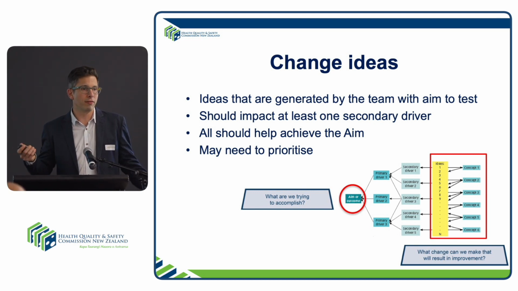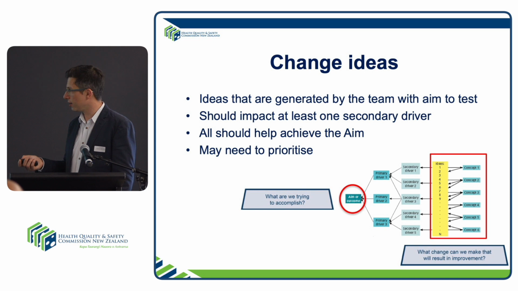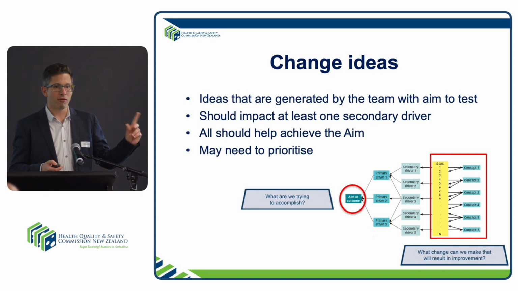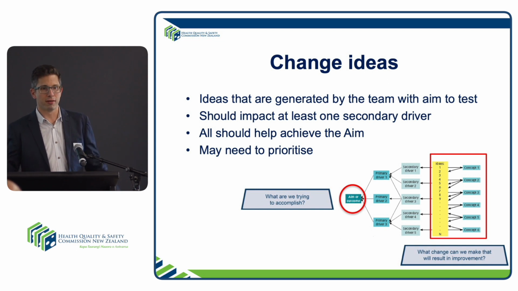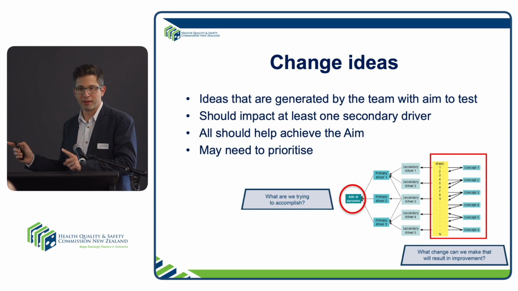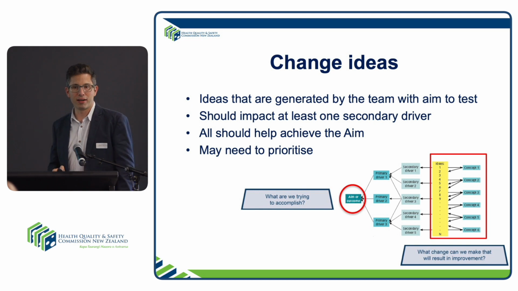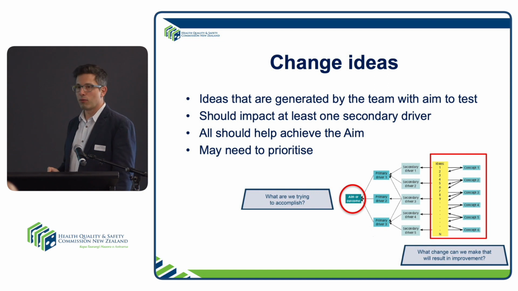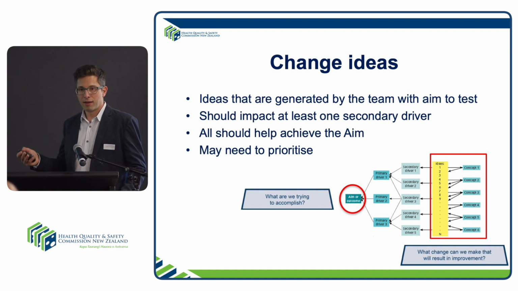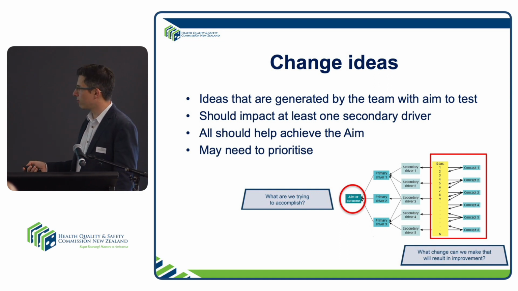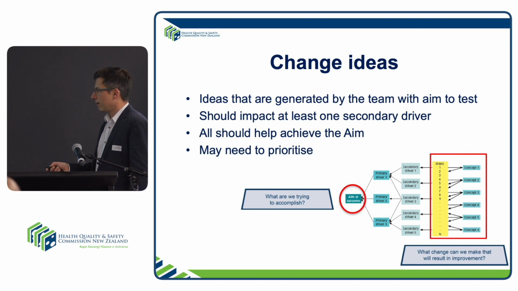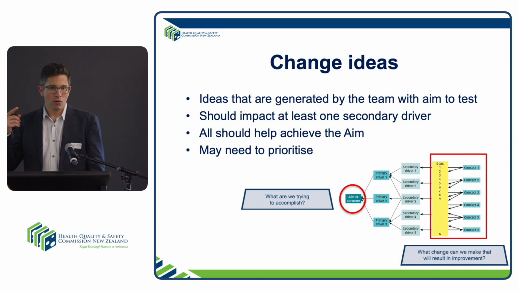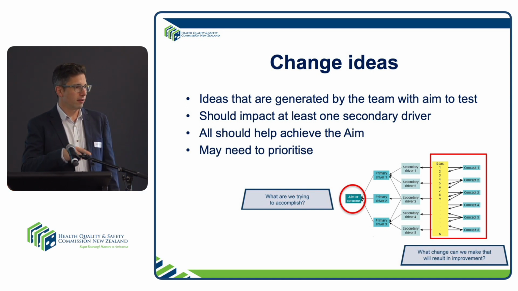You can come up with a whole bunch of change ideas, but if they're not working towards the aim, then they're great ideas, but they're not for this project. You can park them and keep them up your sleeve, because you might have another problem or another aspect of the system you want to improve. And these improvements are really answering that third question: what changes can we make to have an improvement?